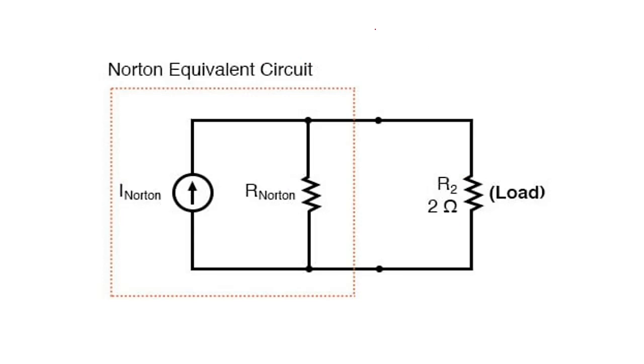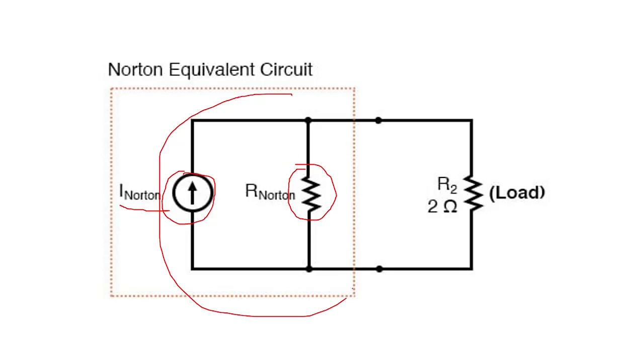So here you can see Norton's equivalent circuit. We have shown a current source, which is called Norton's current source. Then there is a Norton's resistance which is in parallel with that source, and this becomes your equivalent circuit. The complex circuit is converted to a simple equivalent circuit.